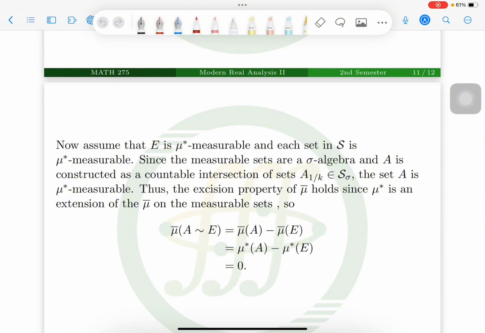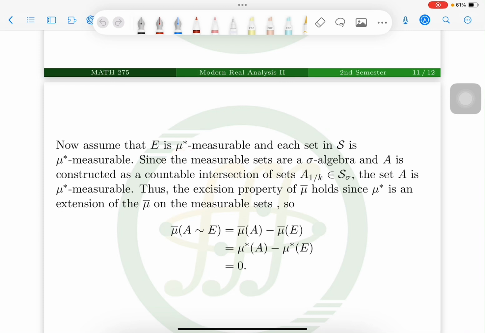Here, since A was constructed from a countable intersection of sets, those A sub 1/k, which are in S sigma, each of the A sub 1/k is Carathéodory measurable, because S is Carathéodory measurable. So A itself is Carathéodory measurable.